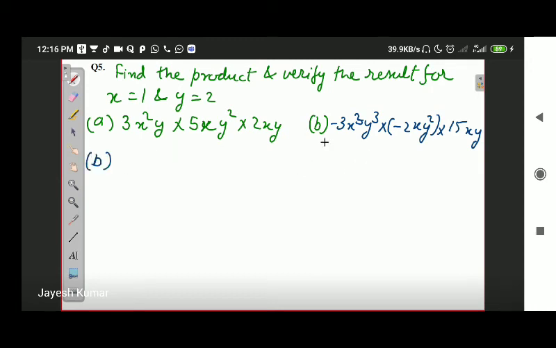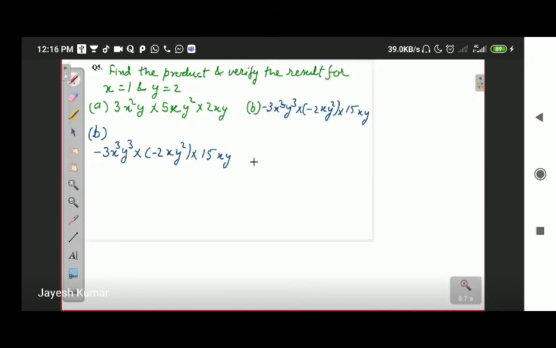We have to multiply this polynomial, so I will write it as minus 3x cube y cube into minus 2x y square into 15xy. Okay, so let's see the multiplication. How do we move on from it? First of all, we'll group the constants: minus 3 into minus 2 into 15.